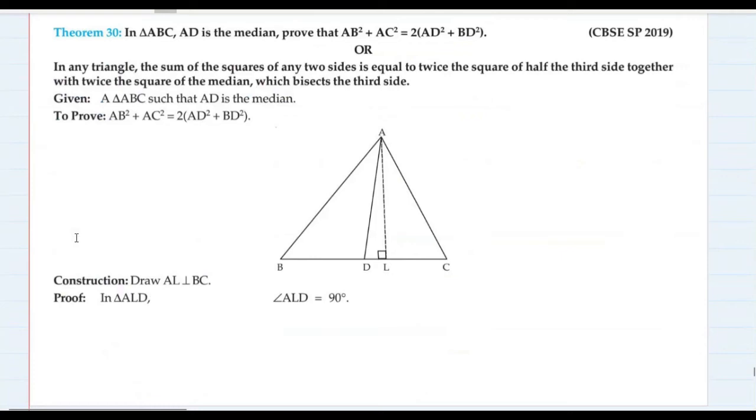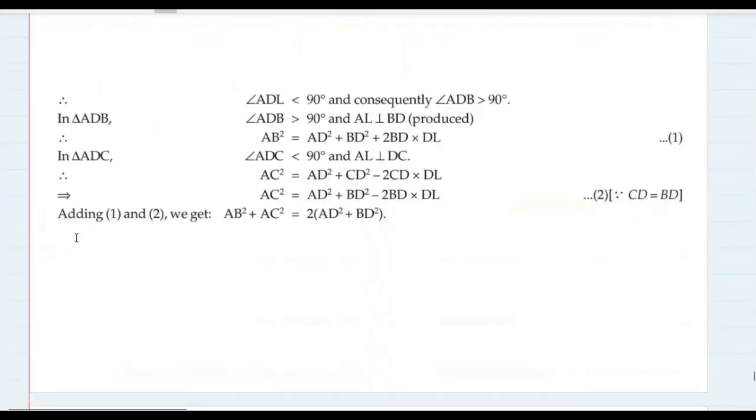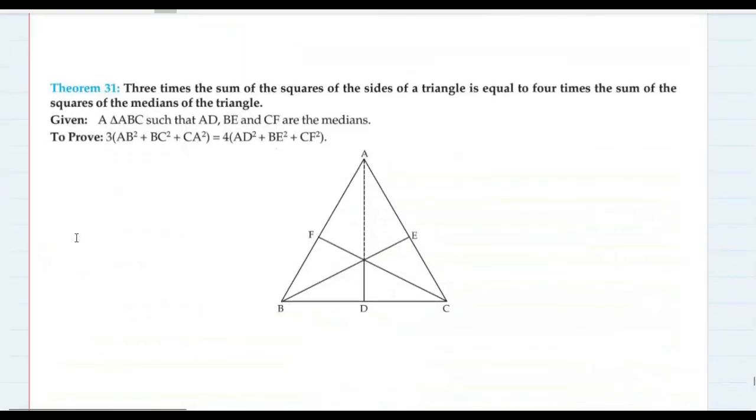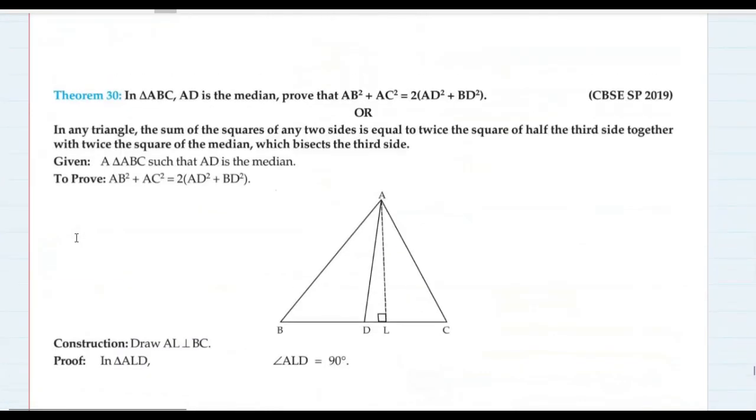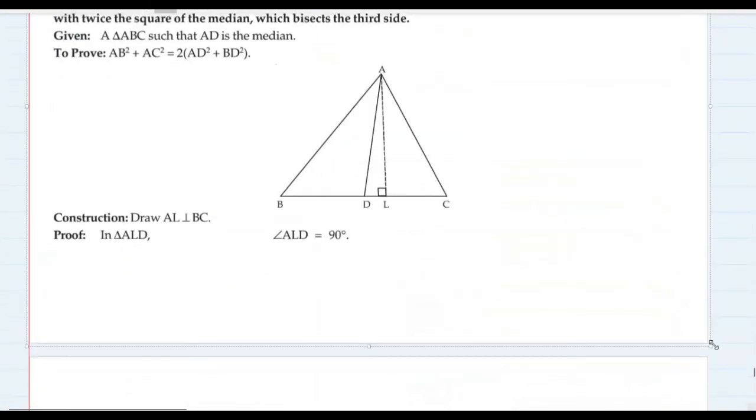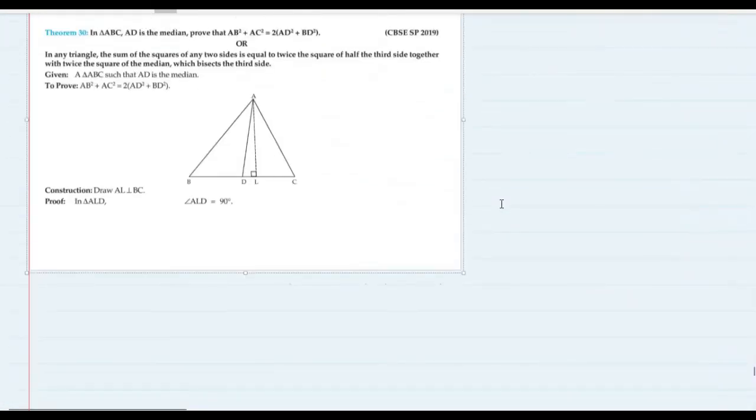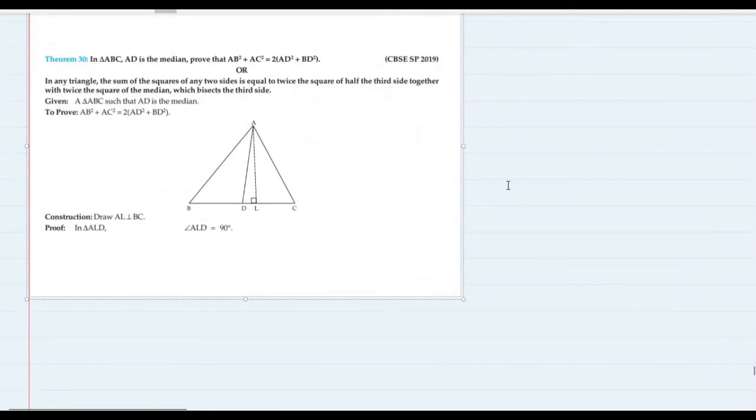So I think we have got two more theorems, theorem number 30 and 31. Let's see what is theorem number 30. In triangle ABC, AD is a median. Prove that AB square plus AC square is equal to 2 times AD square plus BD square.